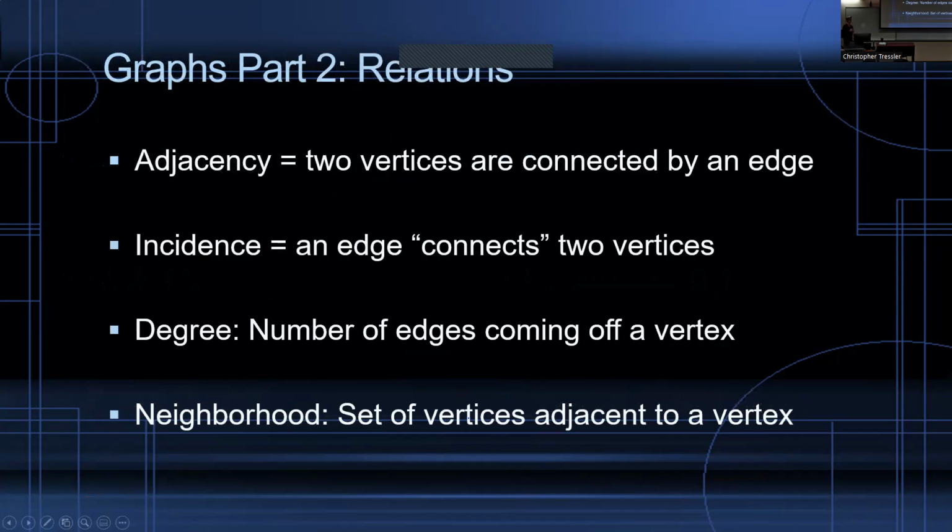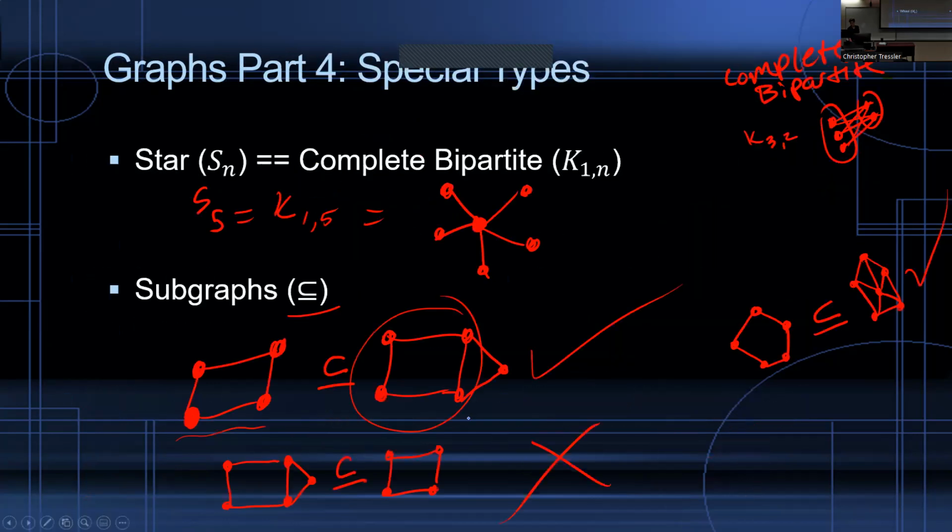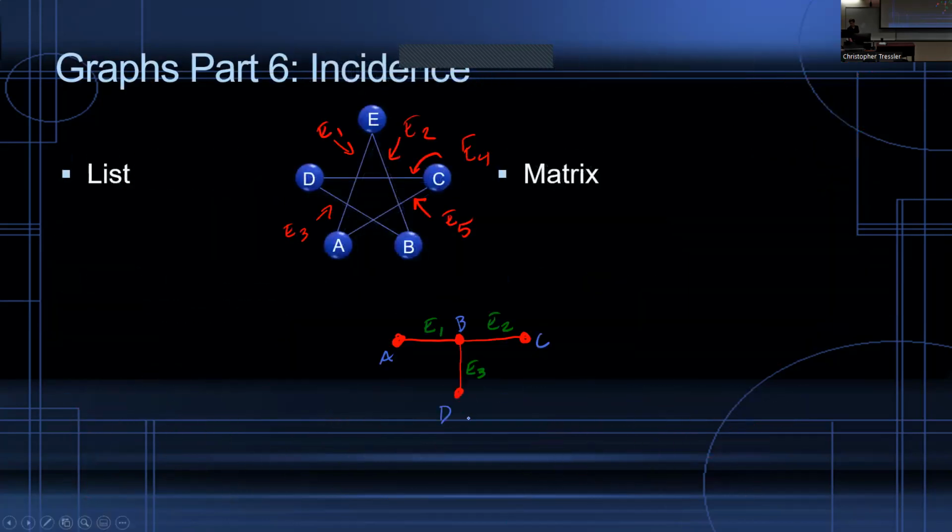Incidents is basically, you're looking at the edges. If an edge is incident to a vertex, it means that edge comes off of that vertex. So when we're looking at incidents, we're looking at which edges are connected to which vertices. So I'll go back to red and write down all of our vertices: A, B, C, D. And this is going to be an incidence list.